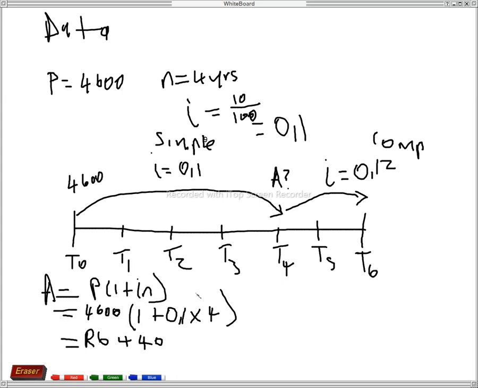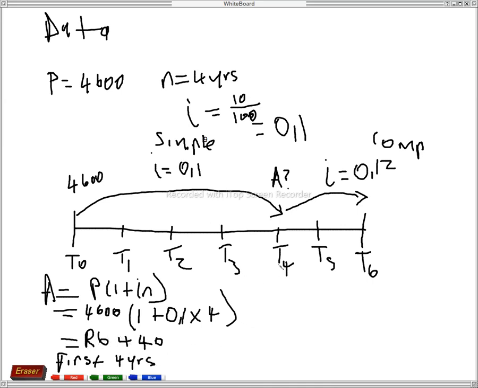And then let's calculate the total amount after 6 years. We first calculated the simple interest, now we are going for the compound interest. This is for the first 4 years, let me write it there so that you cannot make mistakes.